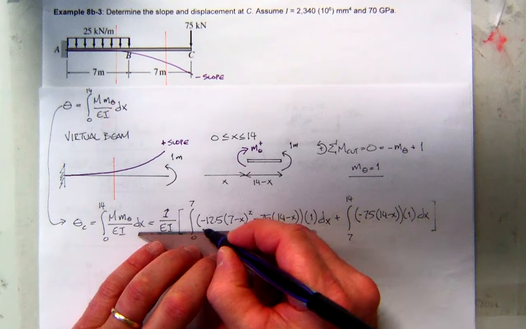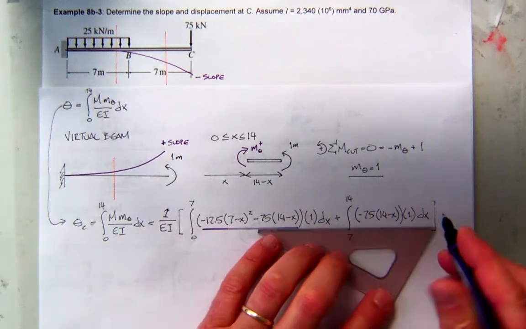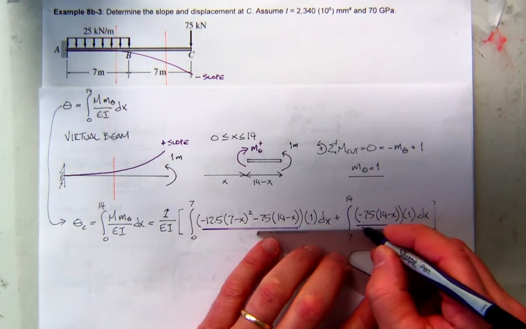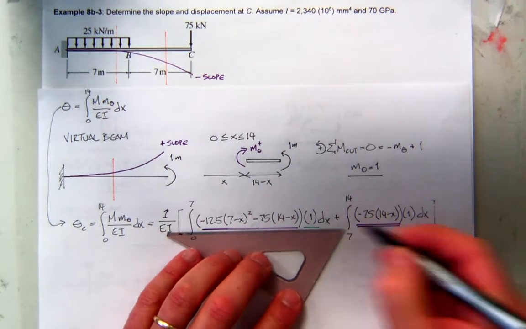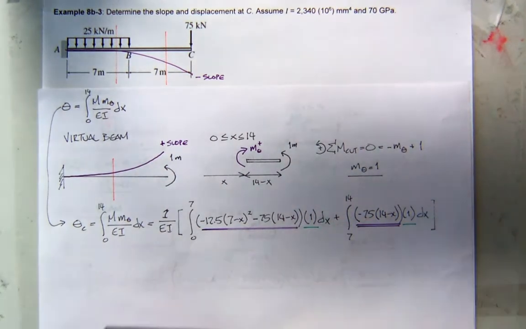So again, there's my real moment from 0 to 7. There's my real moment from 7 to 14, two different equations. And then there's my virtual moment due to the couple. It's the same throughout.